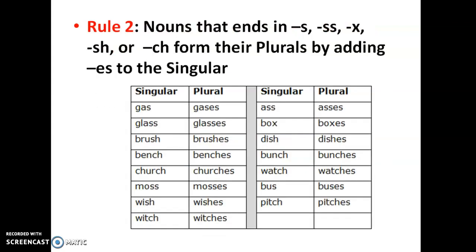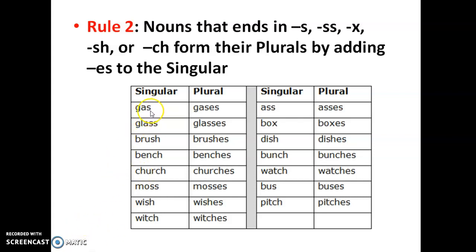So rule number 2. Nouns that end in S, Z, or X, SH, or CH form their plurals by adding ES to the singular. Okay, so whenever a word ends with S, first example we will see gas.